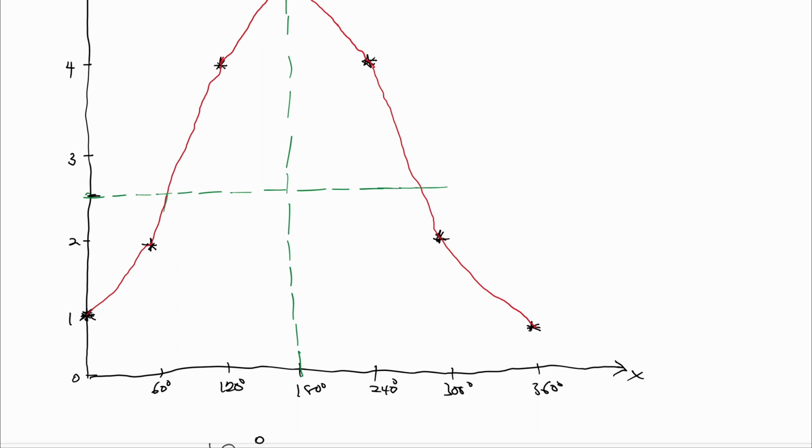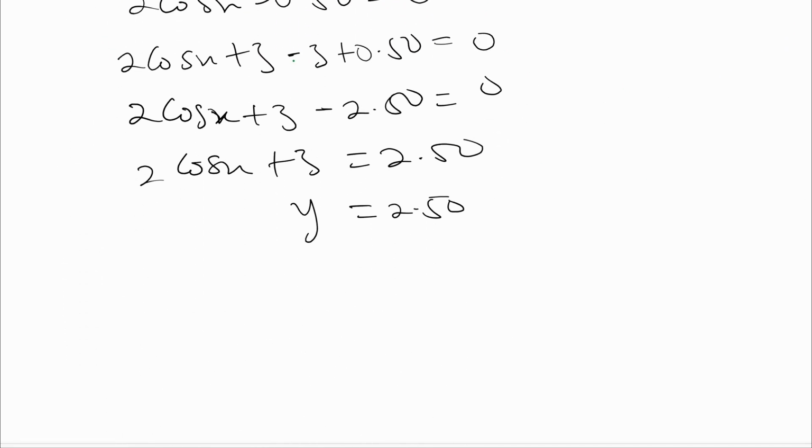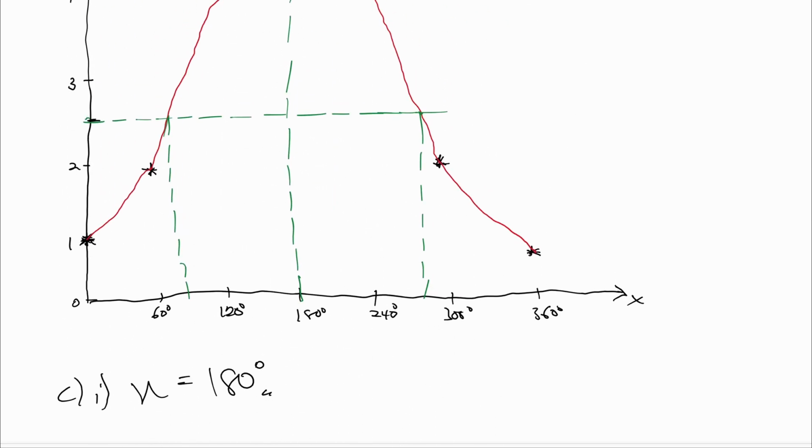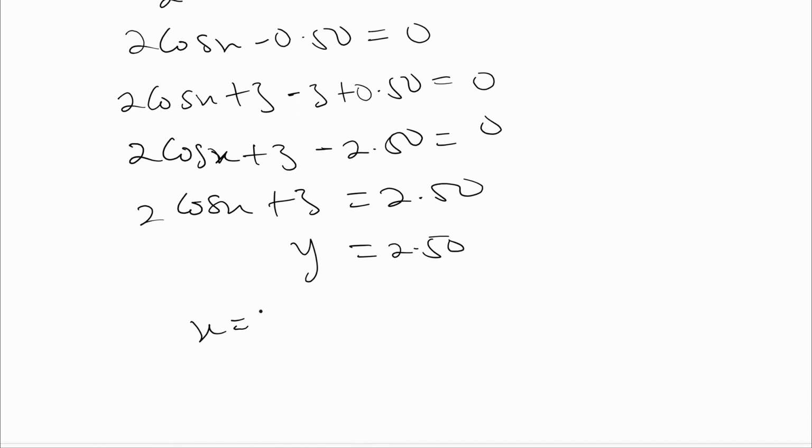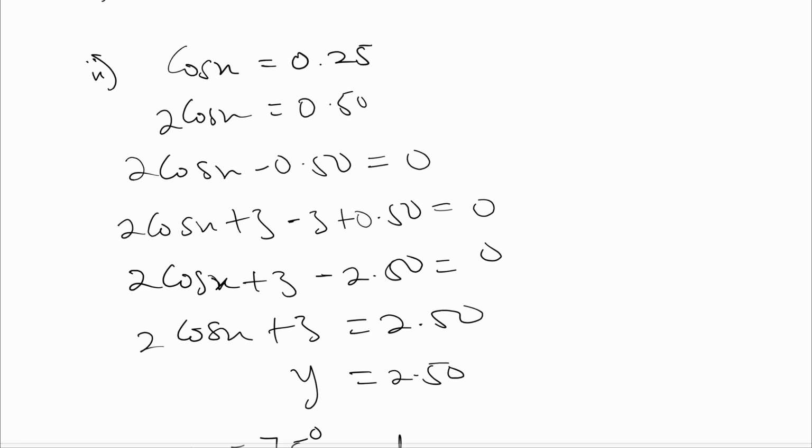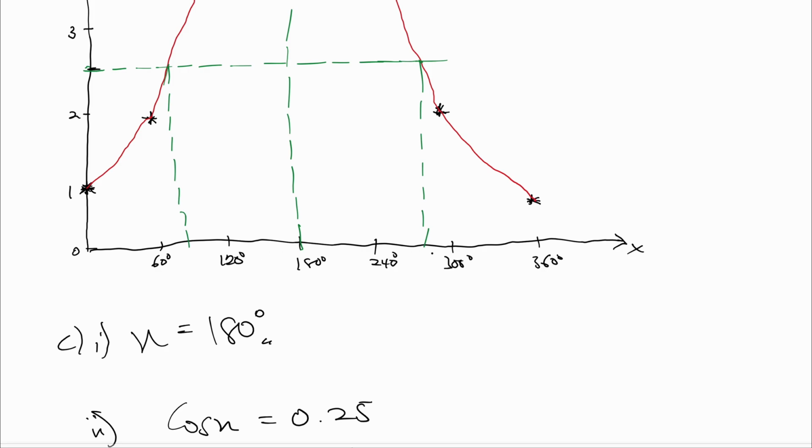So we have this point and this point. So the values of x will be x is equal to 75 degrees and this side, which is 285 degrees.